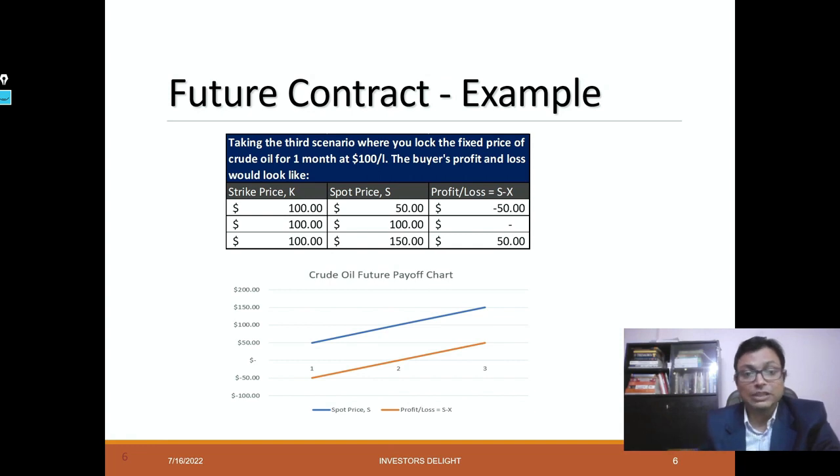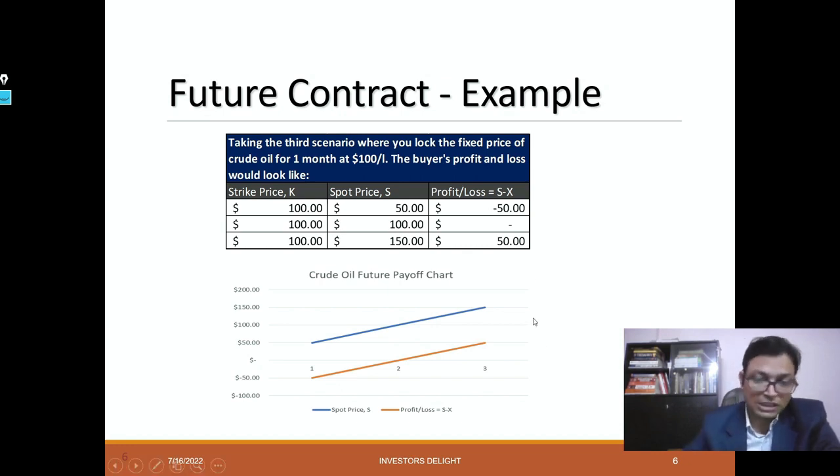The futures contract shows that if the strike price is $100 and the spot price is $50, you are making a loss of $50 per barrel. If your spot price is 100 and there is no change, you make nothing. If your spot price changes to $150 after 1 month from now, then you will be making a $50 profit, and that profit is because you have locked the price today.